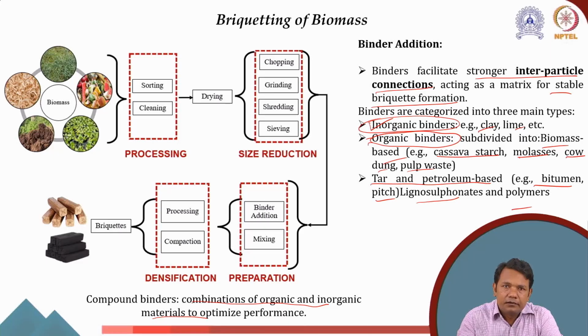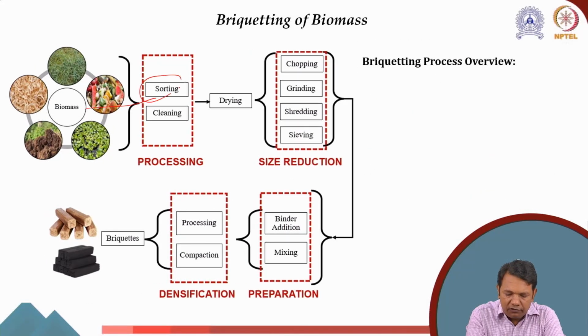After this stage, what happens? If you recall, we started with the biomass, we sorted it out, we cleaned it, then we dried it. Now we did the size reduction part.